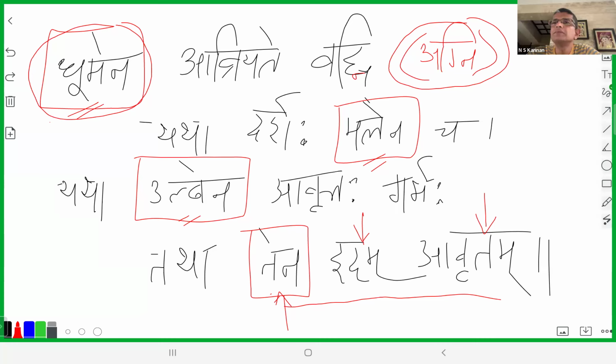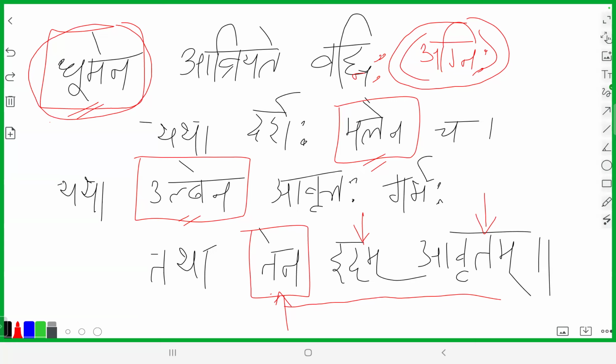So that covering is gone. Should it be Vahnihi, sir, because there is a repha there? Vahnihi, like Agnihi, yes. So just as the fire is covered by smoke, that is covered by something. One comparison is given.